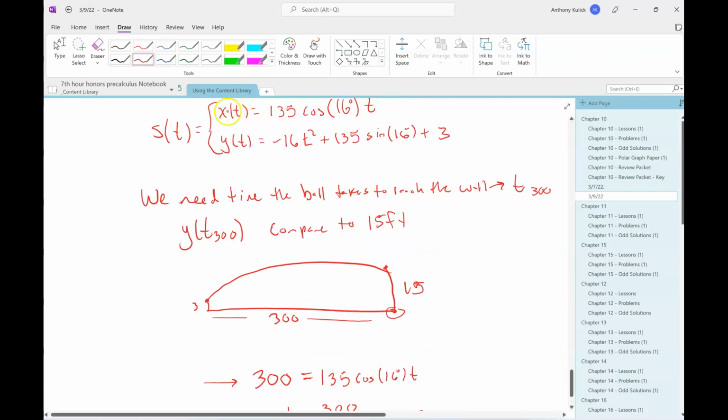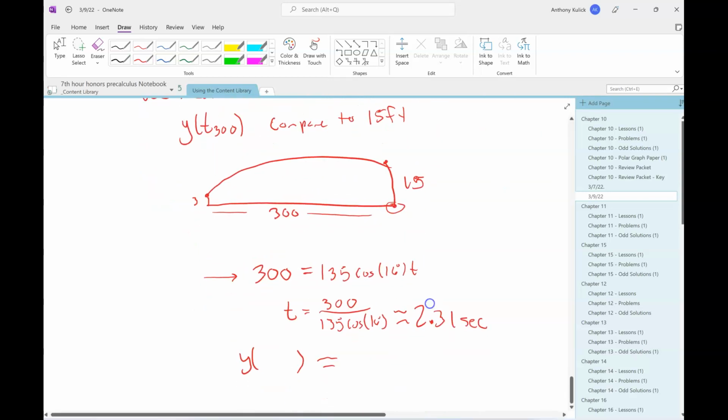So the value of t we plug in to get to 300 is going to be the same value of t we plug in for the y when the ball is 300 feet away. So that's all I'm doing.